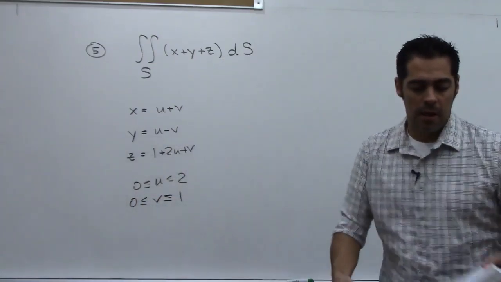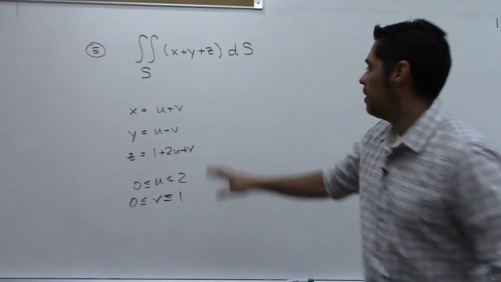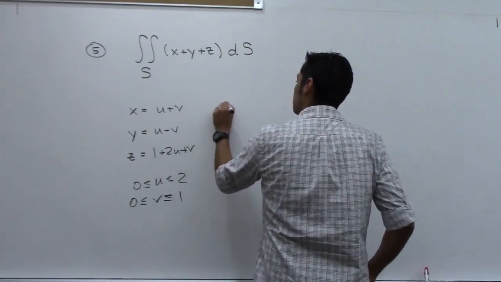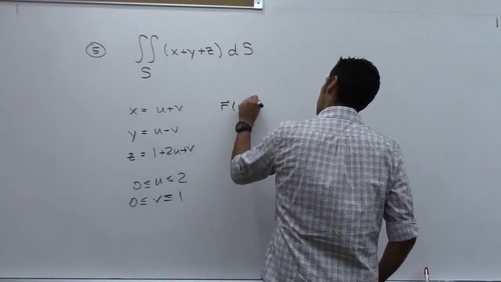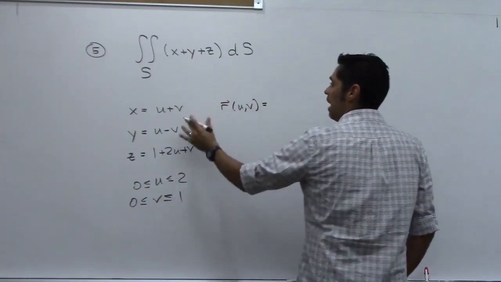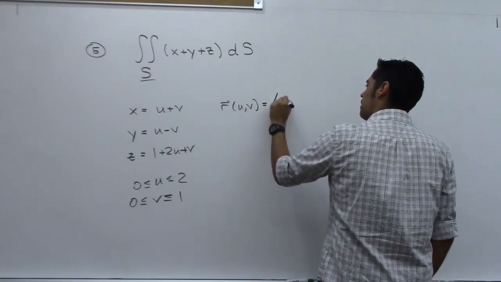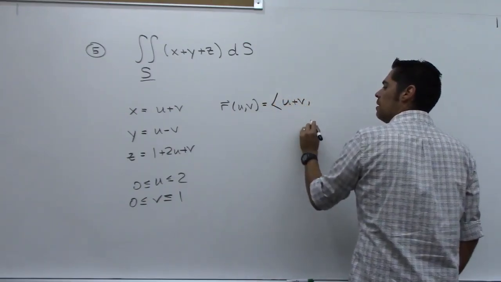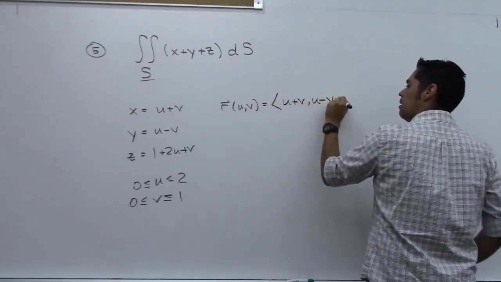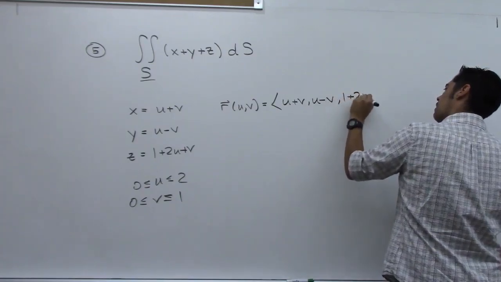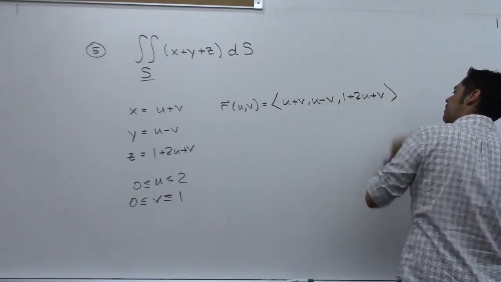All right, so I'm going to convert the parametric equations over to the vector form r of uv. So my surface S can be drawn with this vector form of this surface. Okay.